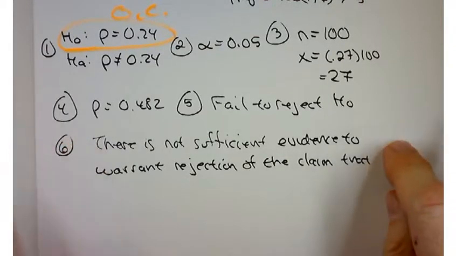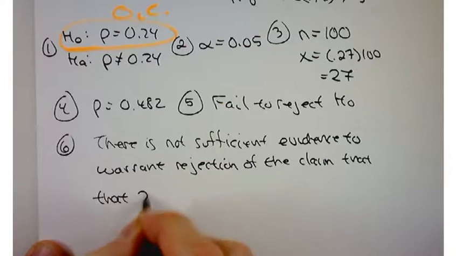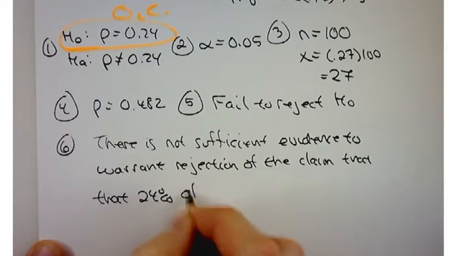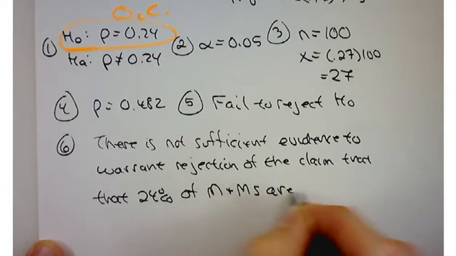So far, all this is kind of given to you. What should I write in words? Yeah. The 24% of M&Ms are blue. That 24% of M&Ms are blue.